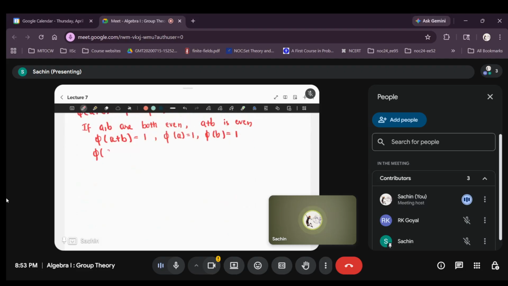So phi of a plus b is equal to 1, which is equal to 1 times 1, which is nothing but phi of a times phi of b. In this case, it is okay.